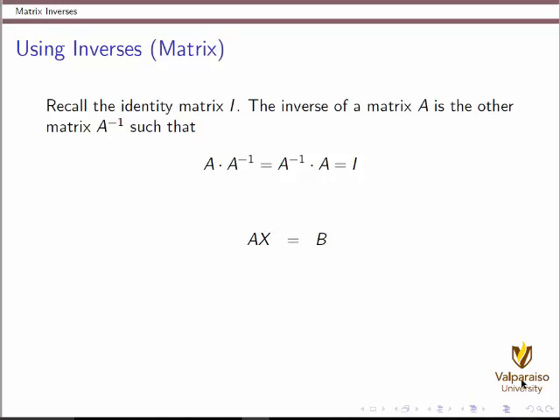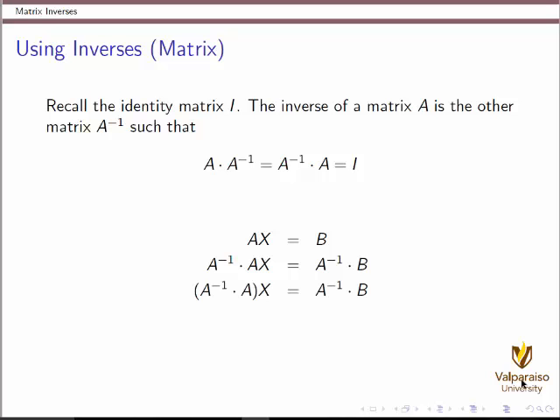Remember the job of inverses is to produce, for numbers, a 1, and so the job for matrix inverses is, with multiplication by its partner, to produce the identity matrix, which is the matrix version of the number 1. So solving this equation, AX equals B, we can multiply both sides by A inverse.